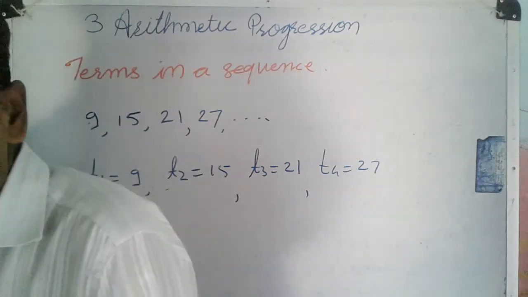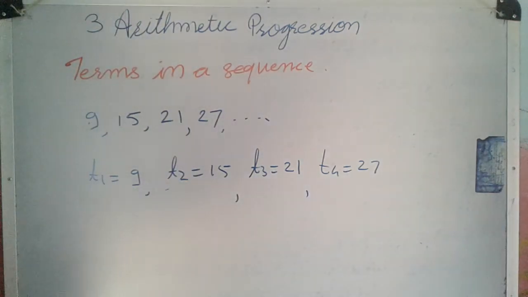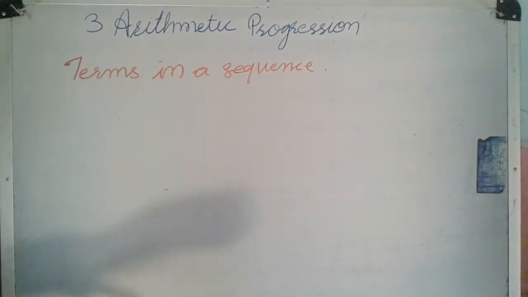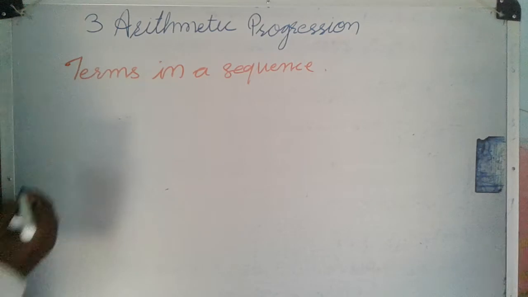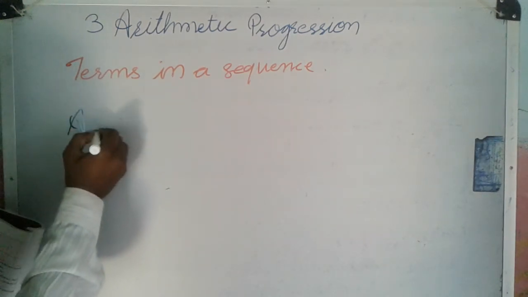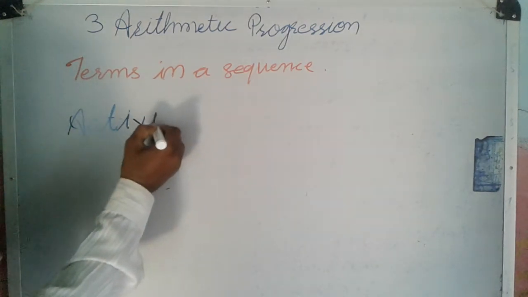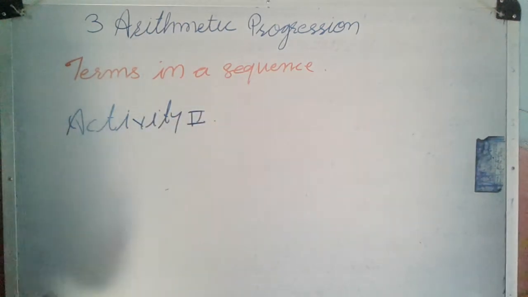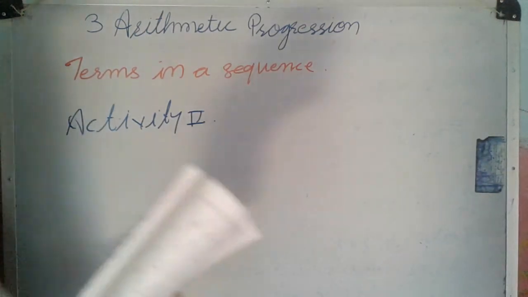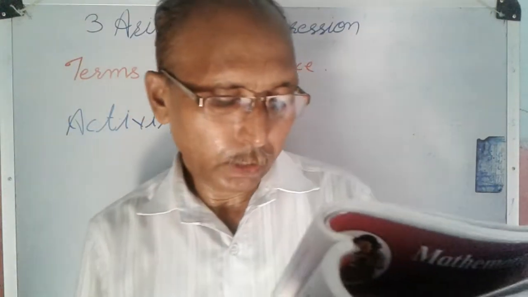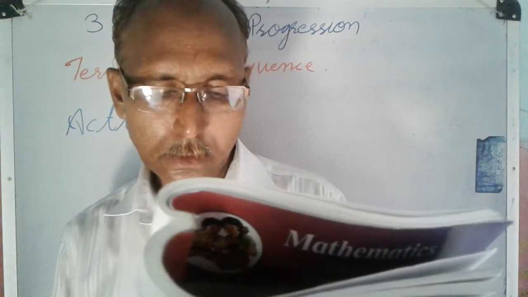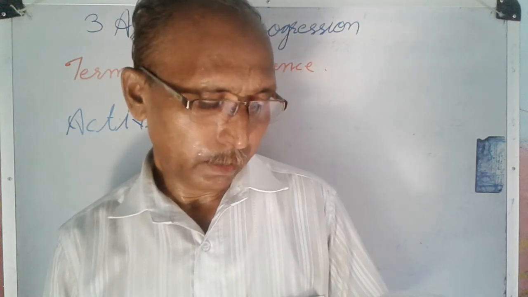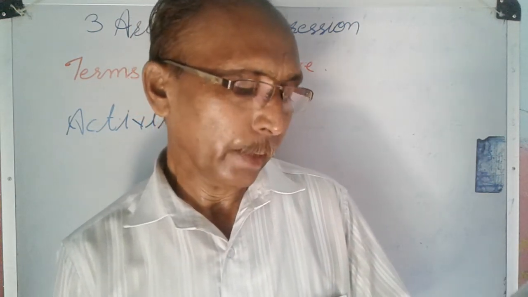In activity 2, this example is given. Suppose the same rule for the terms of the sequence. Look at the arrangement on the next page and fill the empty boxes suitably.